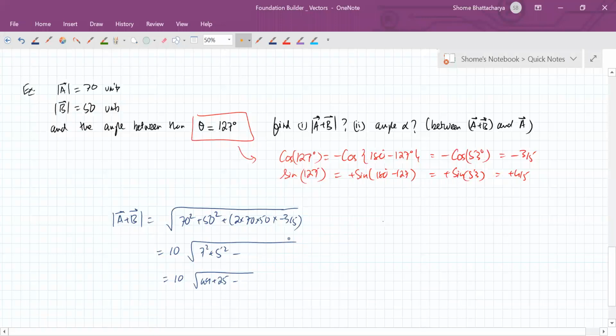So that is coming out to be this thing: 2 into 7 into 5 into 3 divided by 5.